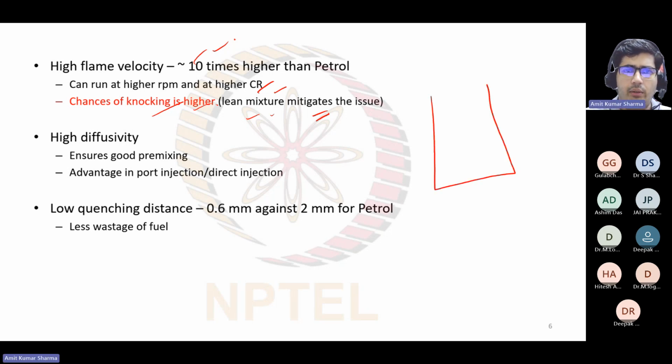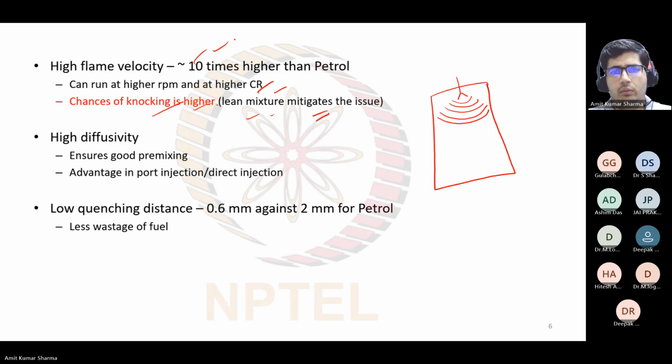Suppose this is your cylinder, and here you have your spark plug. Once your spark gives heat to this front, it will ignite and transfer the heat to the others.